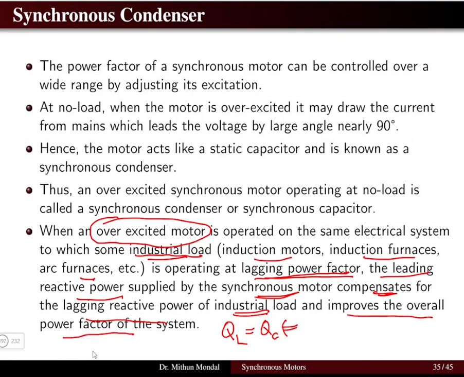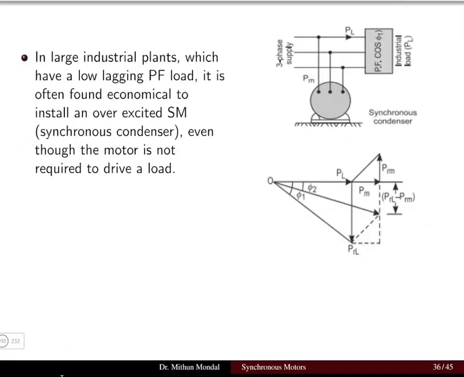These will improve the overall power factor of the system. The power factor which is lagging in nature, now due to the presence of the overexcited synchronous motor, will become capacitive in nature, and it will improve the power factor. So if we see any large industrial plant operating at a low power factor load, then in order to make the system economical, we have to install an over-excited synchronous motor, which we have discussed is known as synchronous condenser.